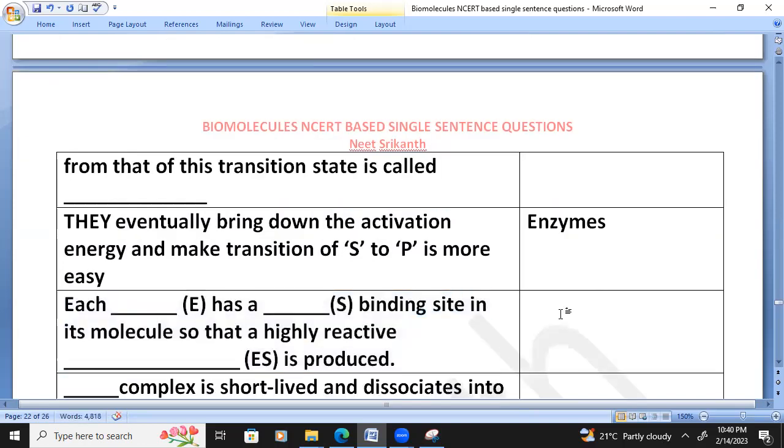Each enzyme has a specific binding site in its molecule, the substrate binding site, so that a highly reactive enzyme substrate complex is produced.